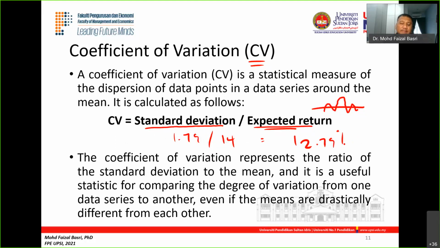Again, this is just based on one single investment. The higher the CV, the higher the range, and the variation too will be huge. When we talk about huge variation, obviously there is more risk involved because we cannot predict how high or how low it will go. So investors usually invest in something we can predict within the mean, or where the average goes up.